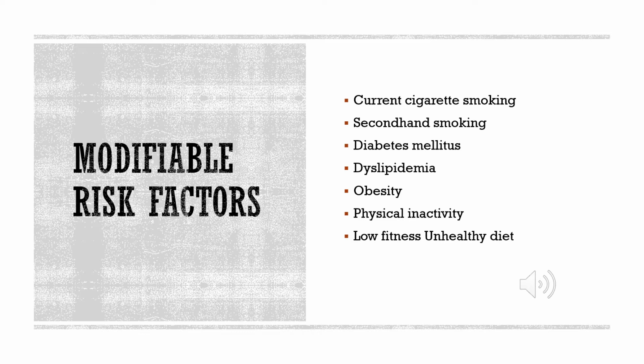Patients with diabetes mellitus, patients who have dyslipidemia, patients who are overweight, individuals who are not physically active, and those who can't really manage their diet or have an unhealthy diet. These are risks that can be modified so that your chances of getting hypertension are lowered. But if these factors are not modified, then you are at risk of getting hypertension.